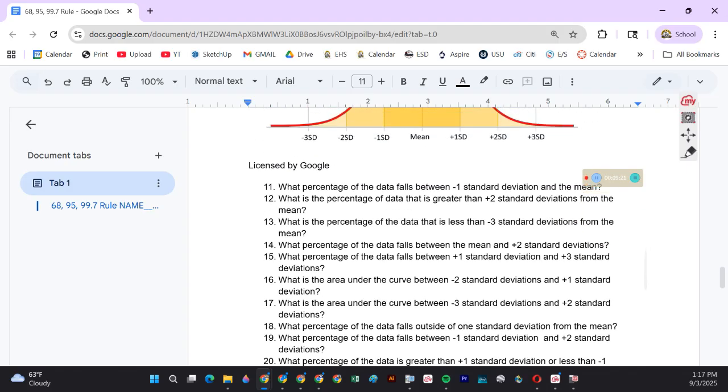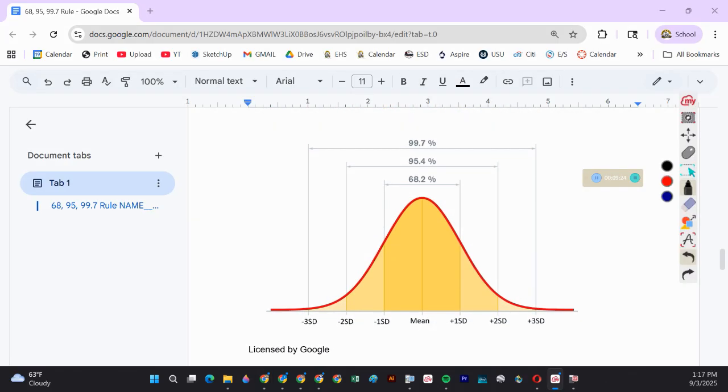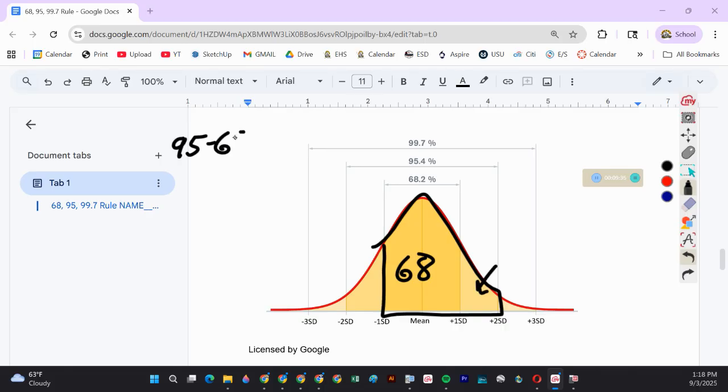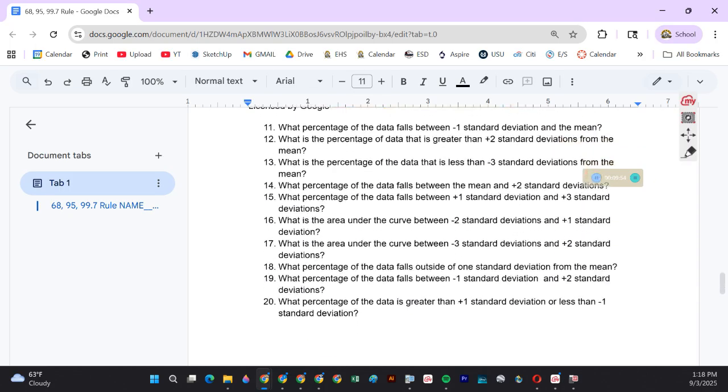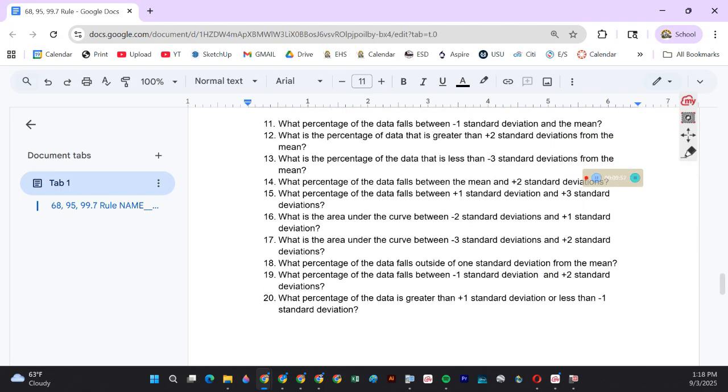Between -1 and 2, between here and here, so this is 68, and we decided that that is half of 95 minus 68. What was that? 13.5. And then we would add those together. All right. And lastly, greater than 1 or less than 1. That's the same as 18.